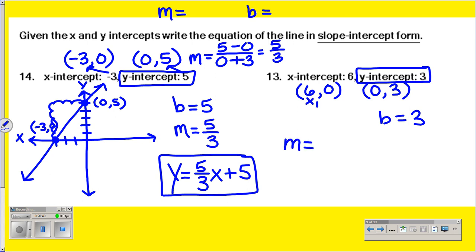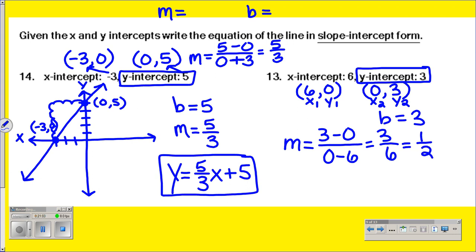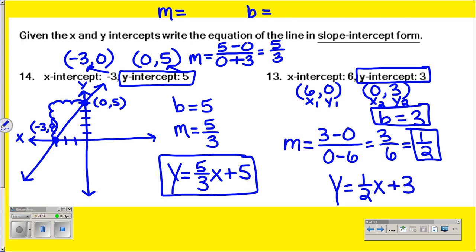If this is my x1, y1, x2, y2, we're going to say 3 minus 0 over 0 minus 6. Now we simplify. 3 minus 0 is 3, and 0 minus 6 is -6, and we would reduce this to -1/2. So now we know our y-intercept is 3, we know our slope is -1/2, so the equation of the line is y equals -1/2 x plus 3.